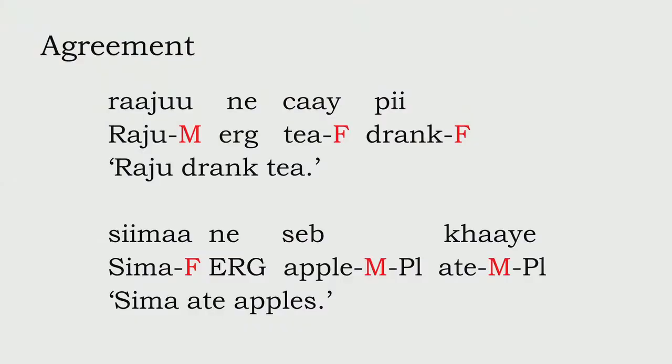Similarly, let us look at the second sentence. The second sentence is Seema ne seb khaye. Again it means Seema ate apples. Seema is a feminine noun in Hindi, it is a proper name.